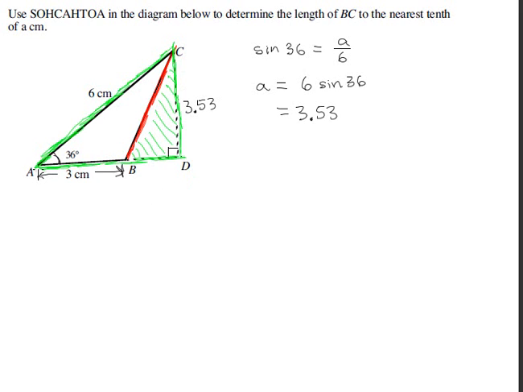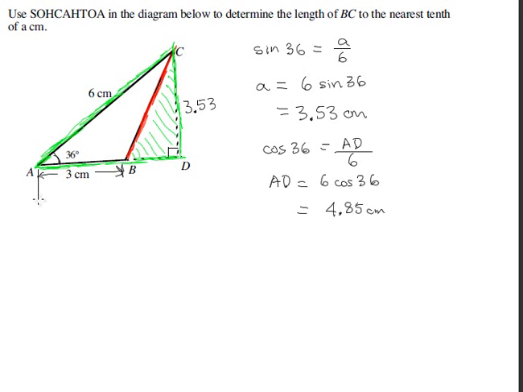We can actually do that again and find the total length of AD down here, this bottom side. Standing here, this is the adjacent side, and we still have our trusty hypotenuse of 6. So we can say that cosine 36 equals the adjacent side over the hypotenuse of 6. So the adjacent is 6 cosine 36, which is, more calculator action, 4.85 centimeters.